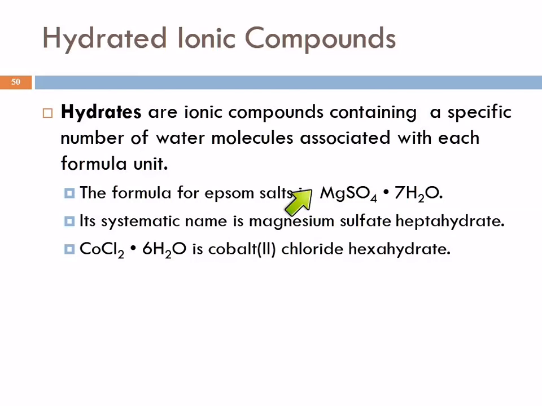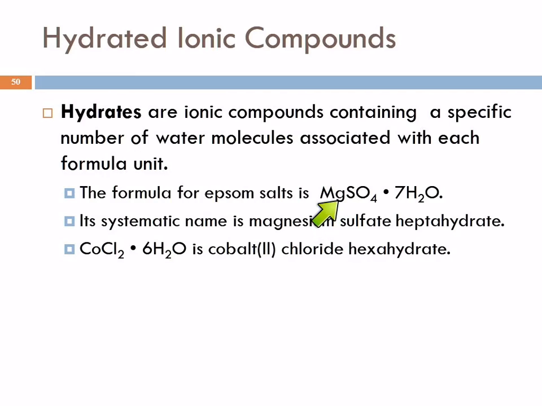For every 1 MgSO4 formula unit, there are 7 water molecules that are in the crystal. This is different than just sprinkling some water on table salt. That's not a hydrate, that's a wet salt. This is a specific number. It's a compound because the proportion is the same throughout.